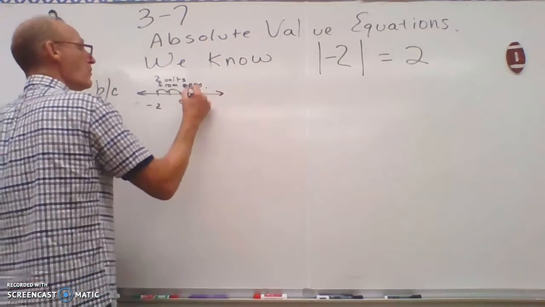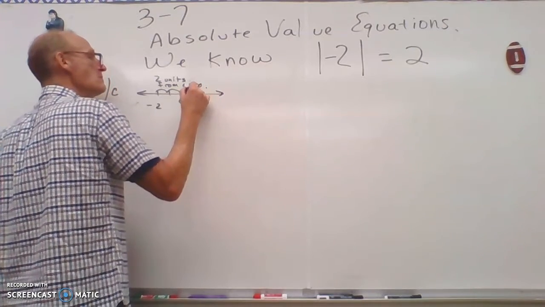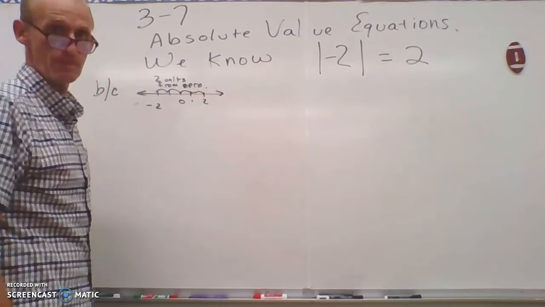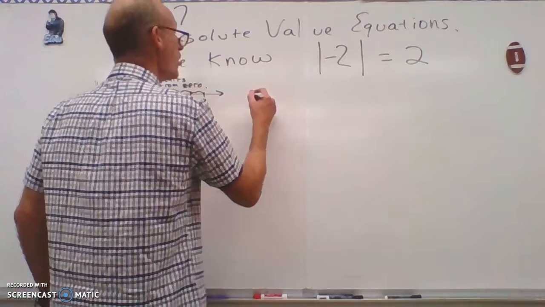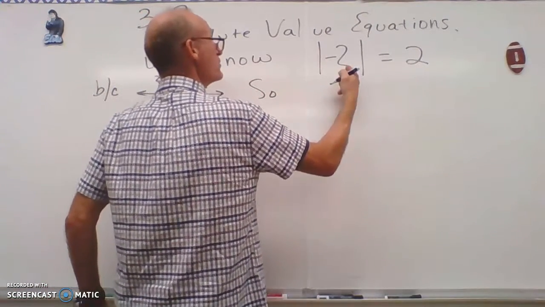Two is also 2 units from 0. So, the absolute value of -2 equals 2.